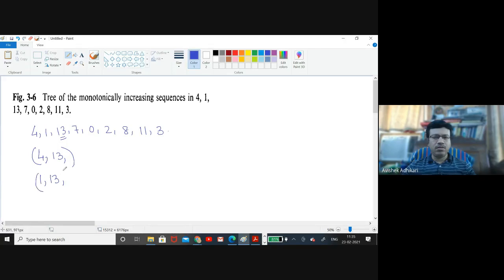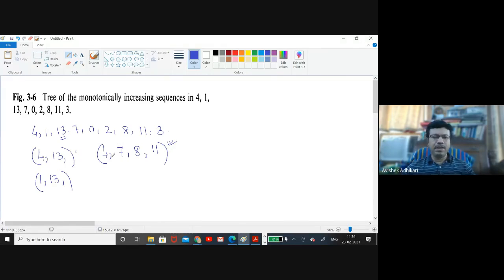So I can go this way: I can take 4, then 7, then 8, and then 11. Okay, so this is also a subsequence of the whole sequence, and it is strictly monotonically increasing. So this length is bigger than the other. The length of this subsequence is 2, and here it is 4. So my question is, find all the subsequences that are of maximal length.